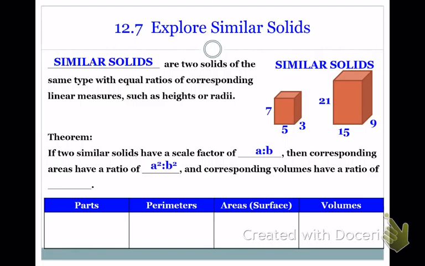And the volumes have a ratio of A cubed to B cubed. So if you know one of these ratios, then you can find the ratios of the other measurements.